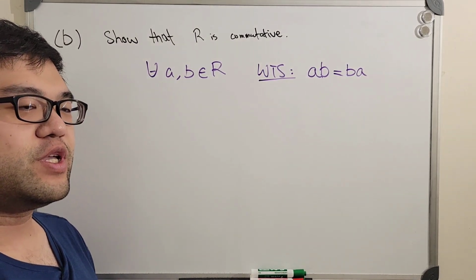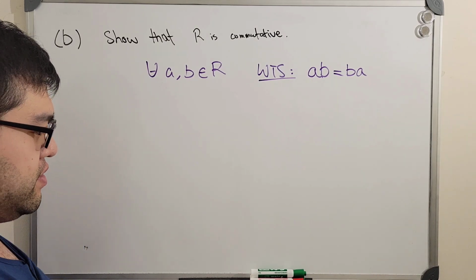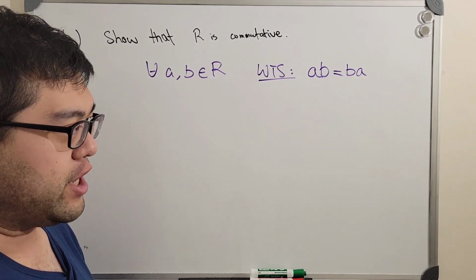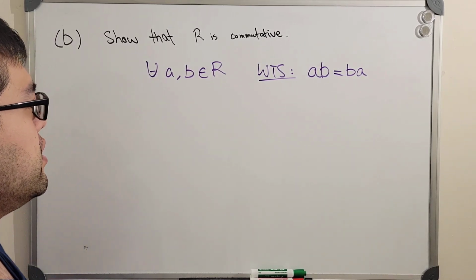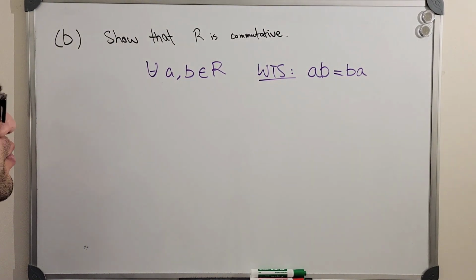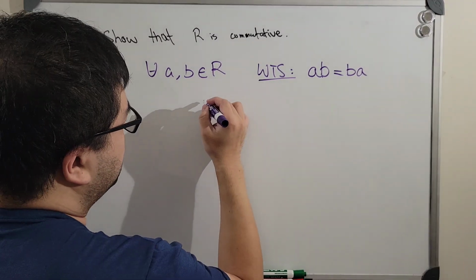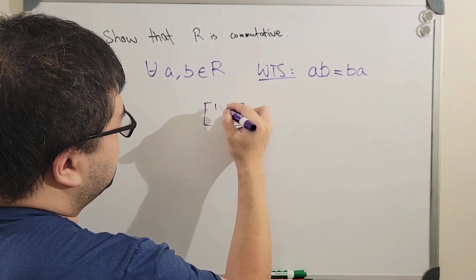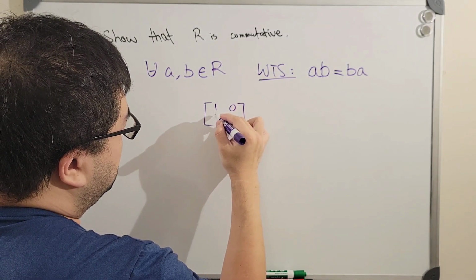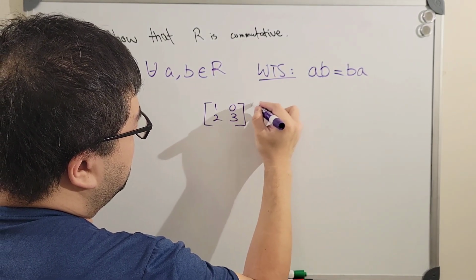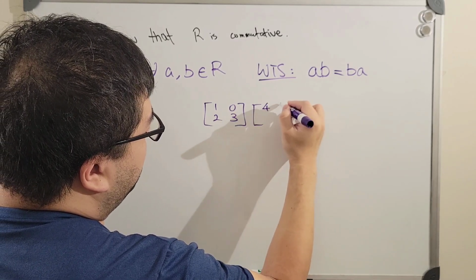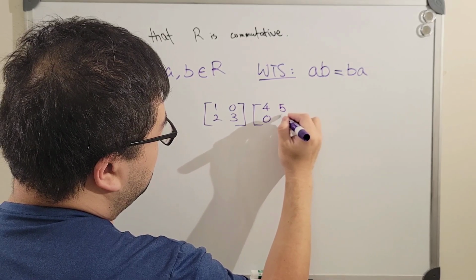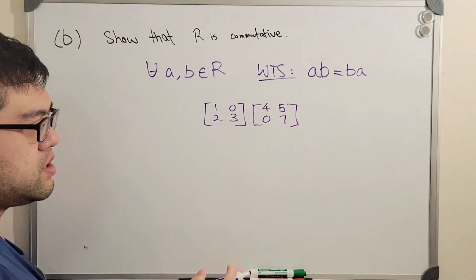Commutativity is not something that is always given when we're in high-level algebra. So, for instance, if we think of a matrix that looks like this, and then we have a matrix like this, okay?